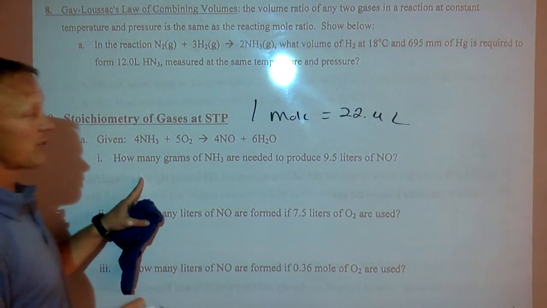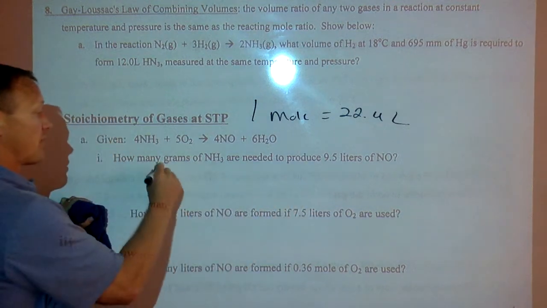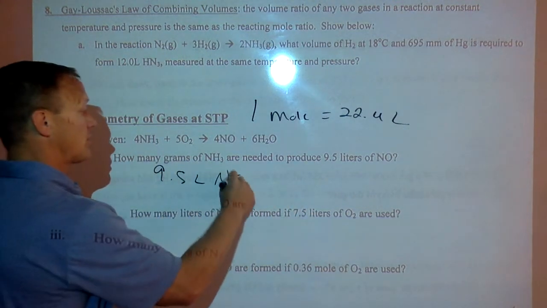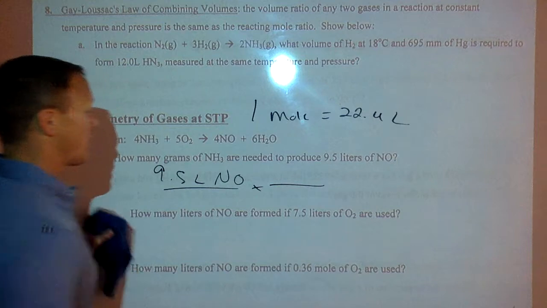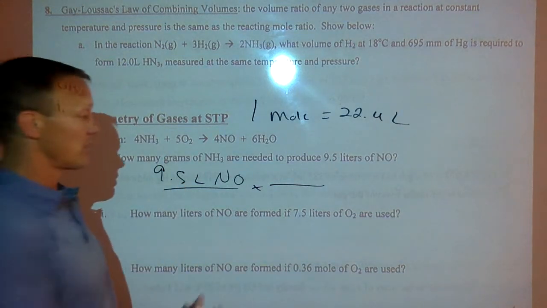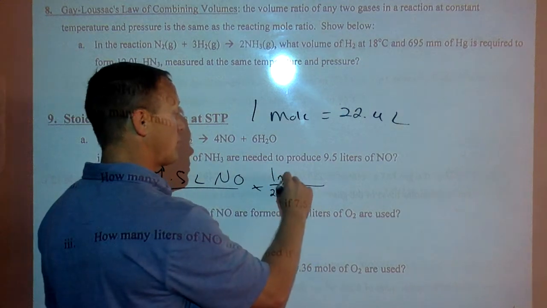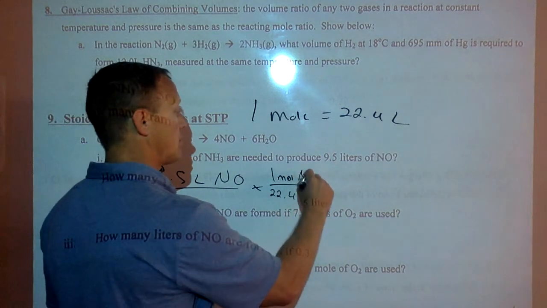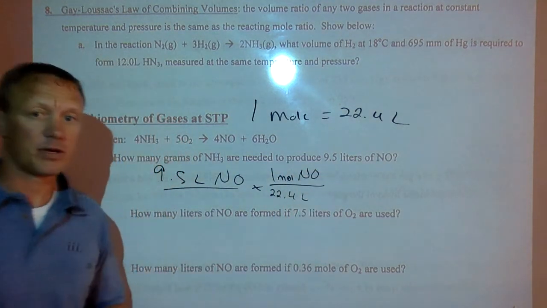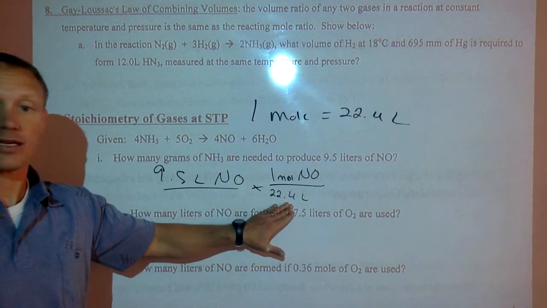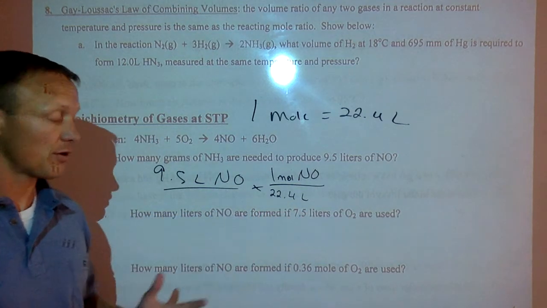This one's asking for grams needed to produce 9.5 liters of NO, nitrogen monoxide. Just like normal stoichiometry, if we're in liters here, we want to go 22.4 liters is a mole. Sometimes people get confused. Remember, these are gases, so we can use that. It's not solution stoichiometry anymore, we're not using molarity.